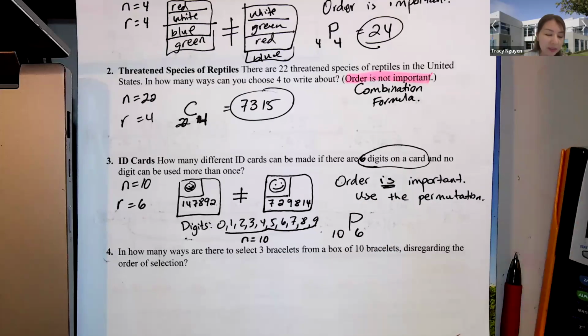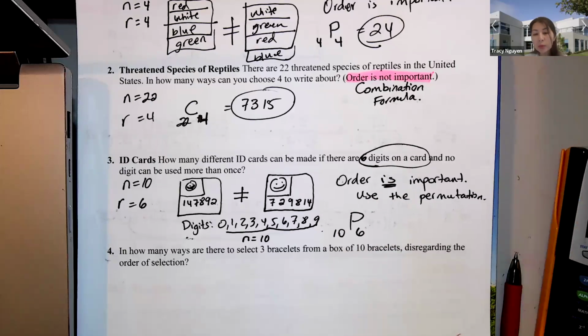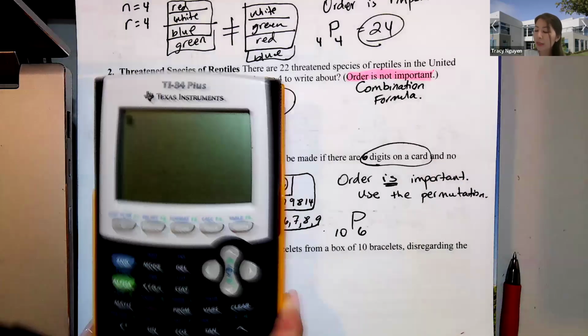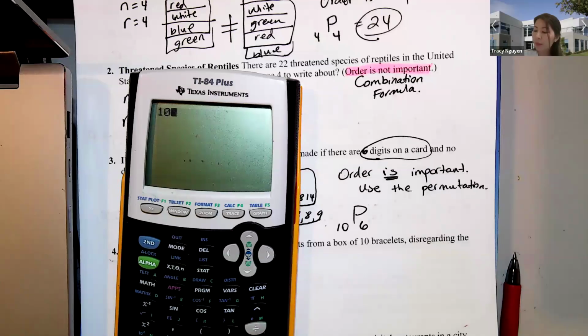So this problem is a little bit tricky because we have to identify what the n value is. It's possible that you're going to encounter a problem like this when you do your homework assignment on ALEKS, or it could be a quiz or an exam problem, okay? Permutation of 10 to 6. Order is important because with a different order, we get different ID cards.